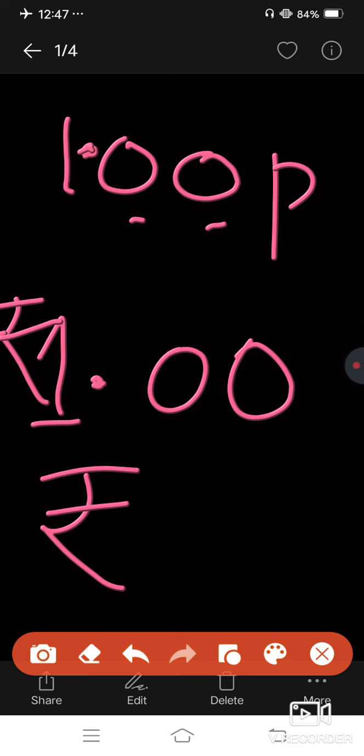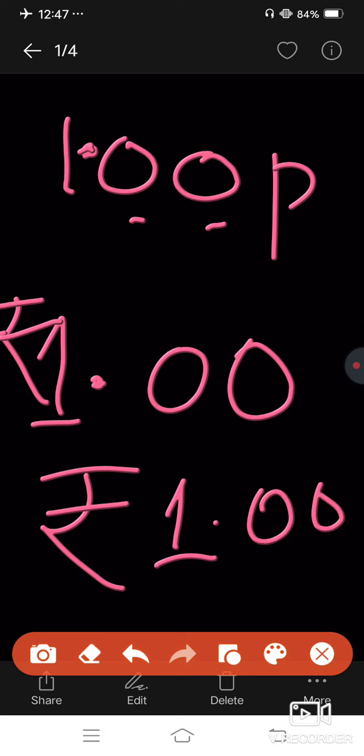And put a dot here. Then it becomes 1.00. And write the rupees symbol here. So it means rupees 1.